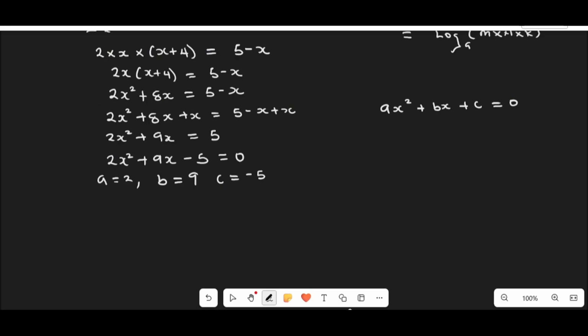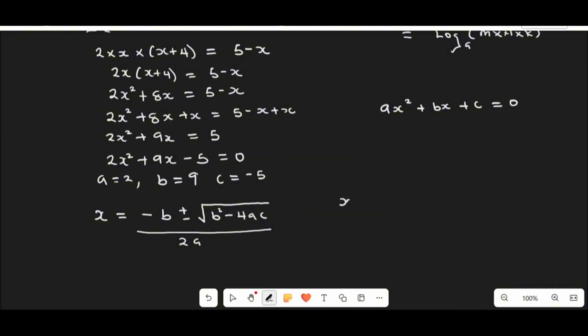Let's use the quadratic formula, which is x equals minus b plus or minus square root of b squared minus 4ac over 2a. So let us substitute the values of our a, b and c into this formula.